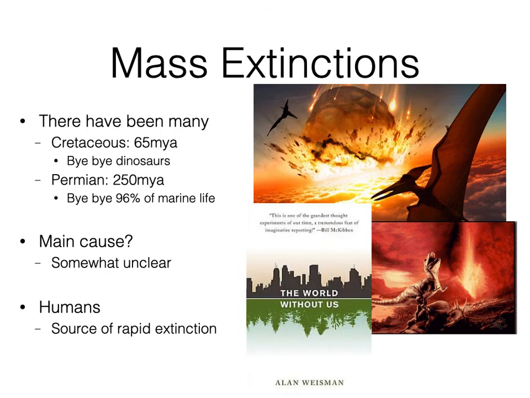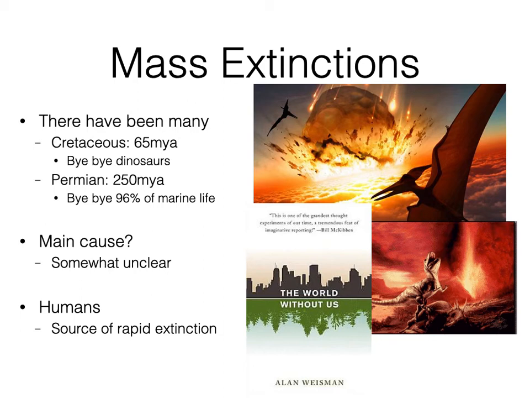And an interesting book that looks at what the aftermath of the planet might look like, if human beings were to rapidly go extinct or rapidly disappear from the planet, is a book by Alan Weisman called The World Without Us. And it's actually a fascinating read in looking at how the planet would reclaim space from what human beings have done, particularly over the last 500 years or so.